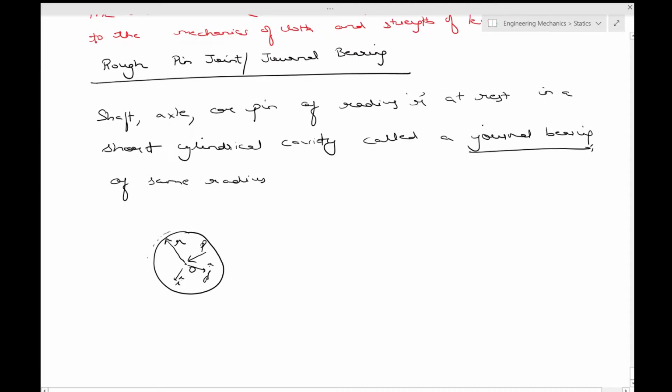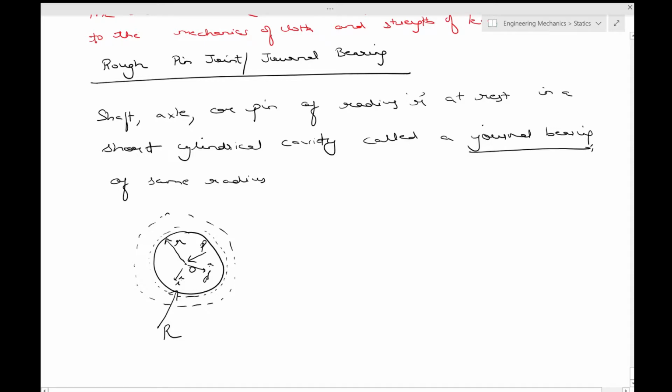Then the cavity is shown by this. Say you have this R as the resultant force.